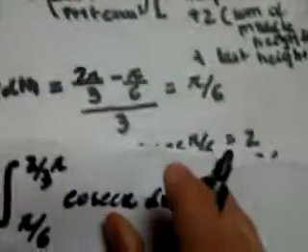Now let's put these values in the formula here, and we get that the area between pi by 6 and 2 pi by 3 is equal to 1 by 2 times the width of each interval, that is pi by 6, times the first height.